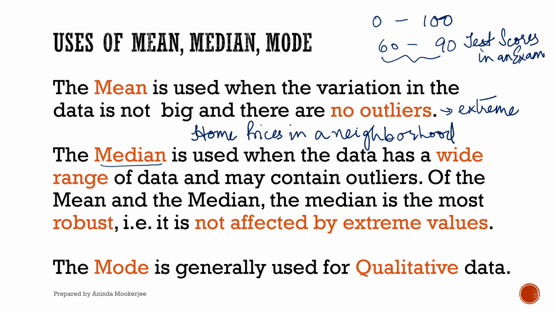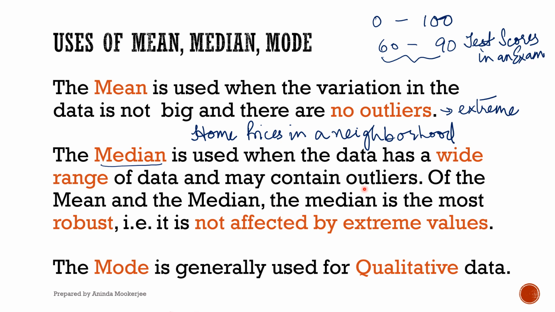In a neighborhood, the home prices can start from $200,000 all the way to $1 million homes. The neighborhood can have home prices in that range. There can be a wide variation in the data. Next to a $200,000 house in the same neighborhood, there can be a $1 million house as well.